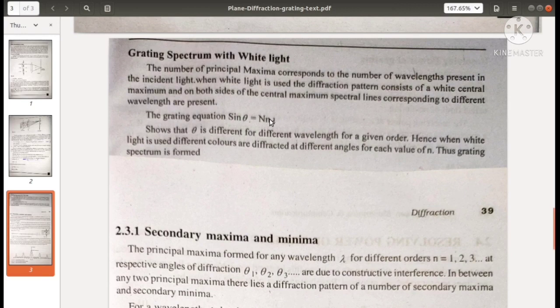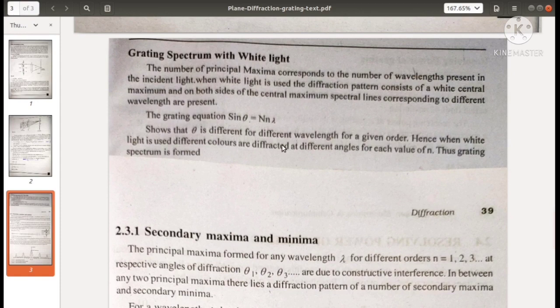That means we will get different order colored spectra on either side of the central maximum point according to these different diffraction angles. So if the angle of diffraction is different, then we will get different colors in this spectrum, and this order will change according to the value of n.